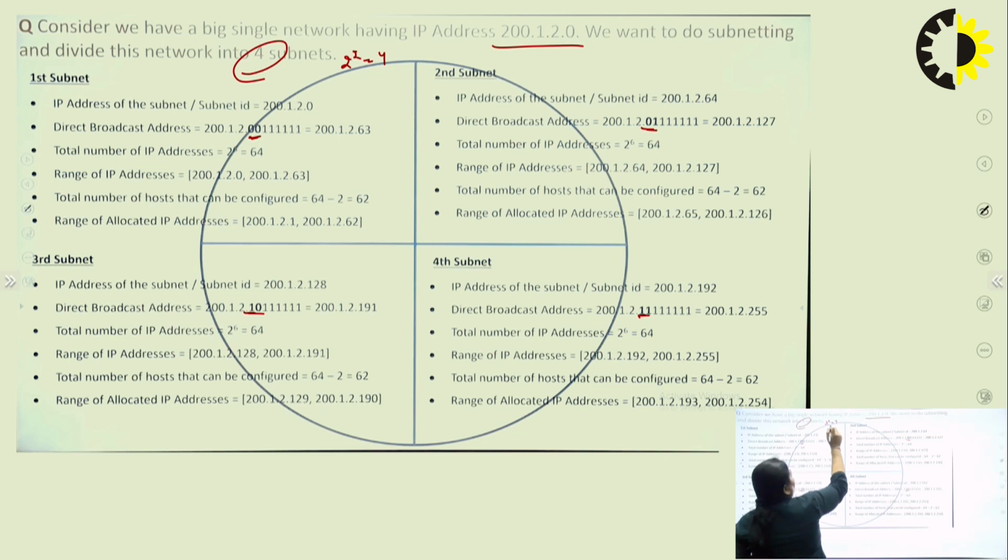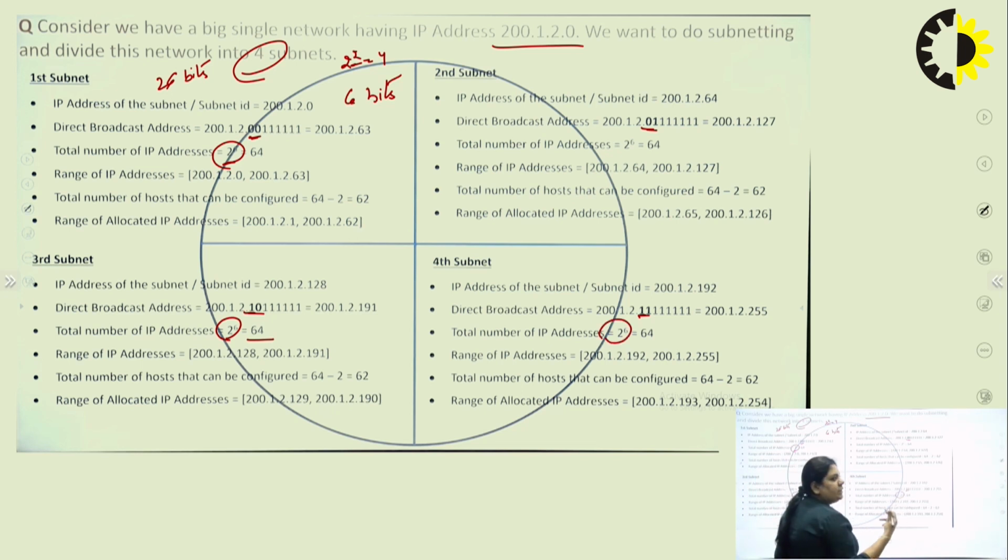To divide into 4, you have to consider 2 bits. Now the network ID is 26 bits and the host ID would be 6 bits. So how many IP addresses can be allocated? 2 to the power 6, which equals 64 in each. It is fixed length subnetting.